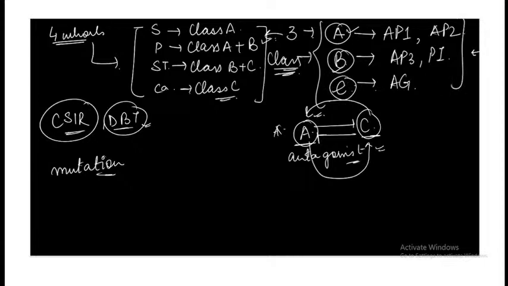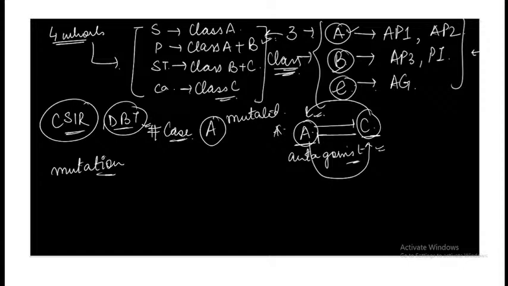Based upon that you are asked what is the final mutation, or what would be the final product available, right? For example, let's consider a case in which the class A gene got mutated. Now let's try to analyze what would be the result of that.